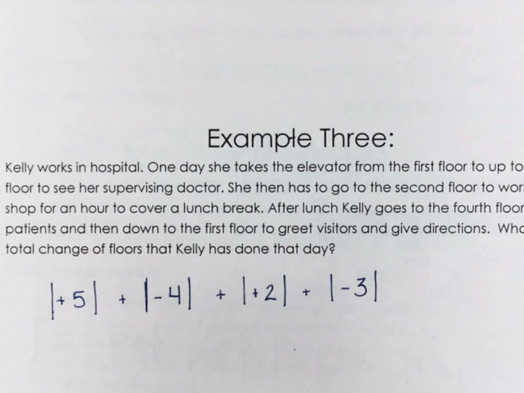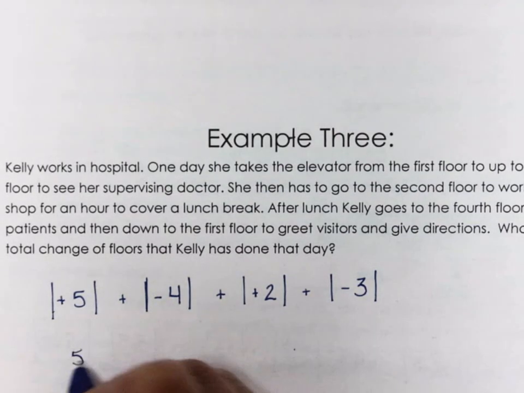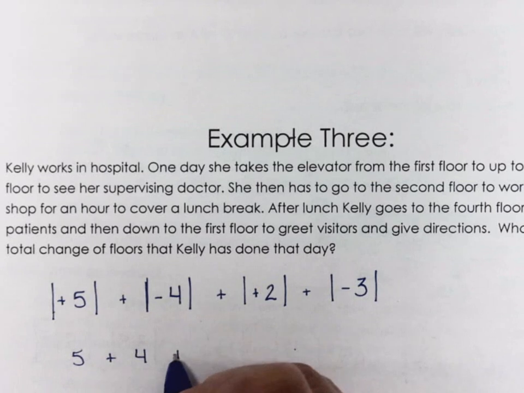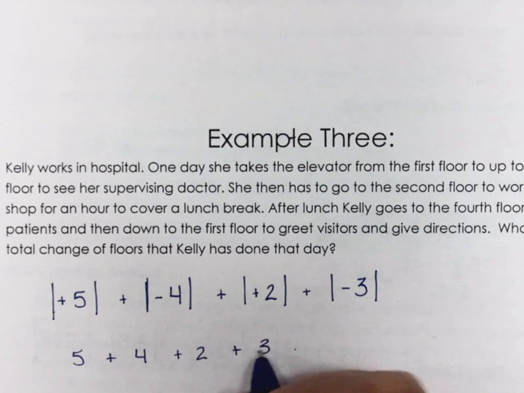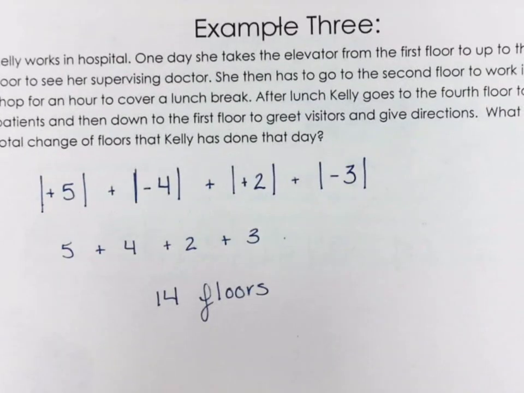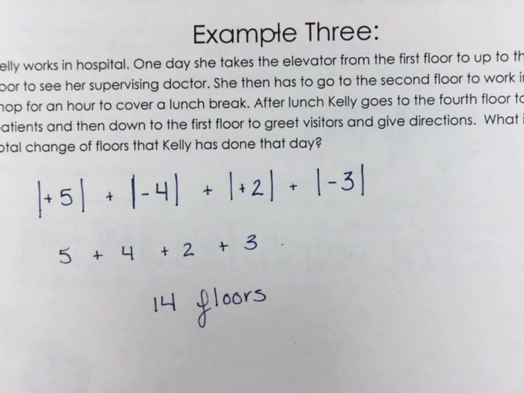I'm going down 3, right? So if we evaluate these and you want to know how many floors I covered in that day, we're just going to evaluate 5 plus 4 plus 2 plus 3. Does that make sense to everybody?